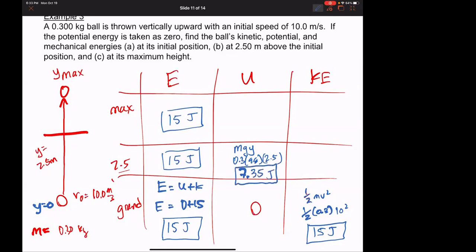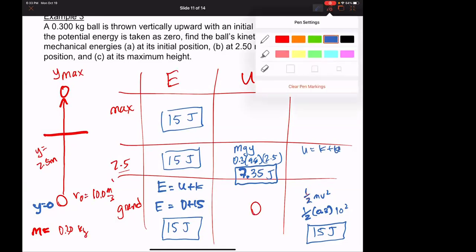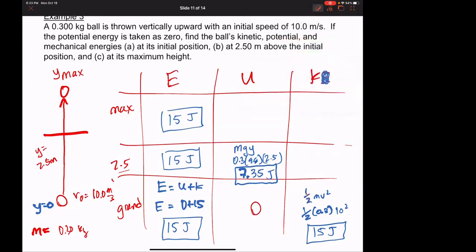That's U in the middle. And now to find K, the kinetic energy, we use E equals U plus K. So 15 equals 7.35 plus K. K equals 7.65 joules.